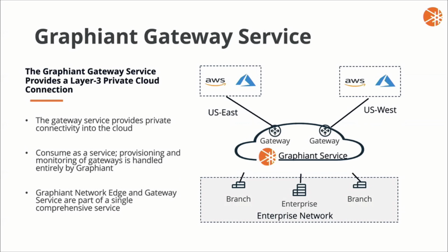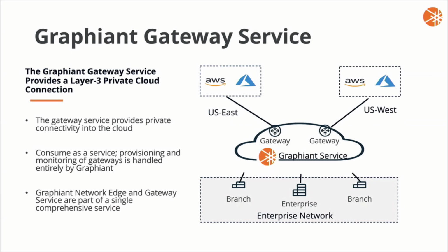The Graphiant Gateway Service is focused on trying to solve this problem by offering you a layer 3 connection. What this means is we have gateway services deployed in various different locations that handle connectivity into the cloud. So that private connection that you're looking for, you can sign up for this as a service and say, in this region, I want to connect into my Direct Connect.